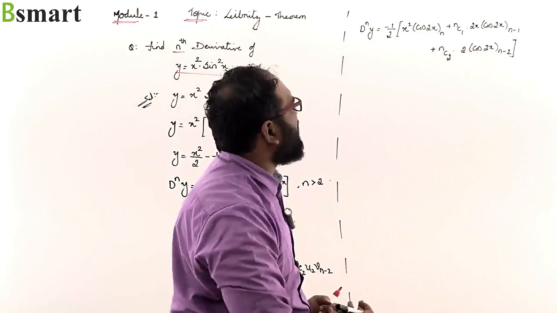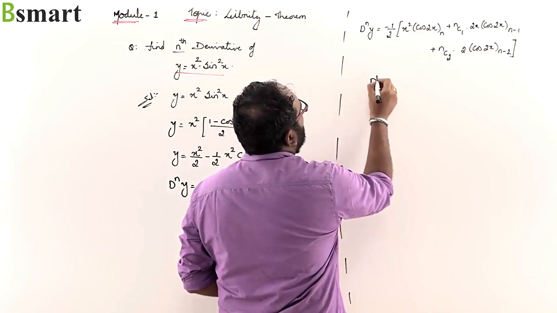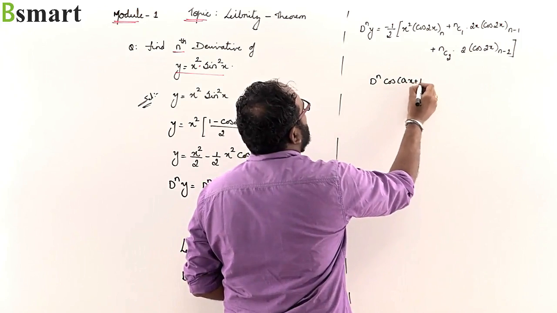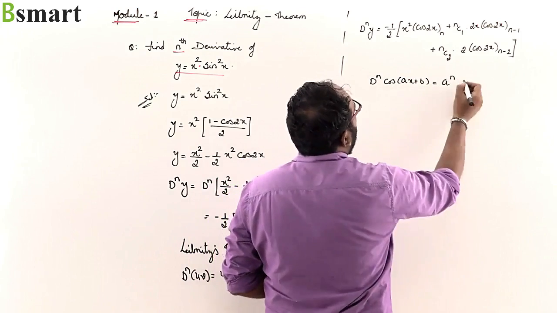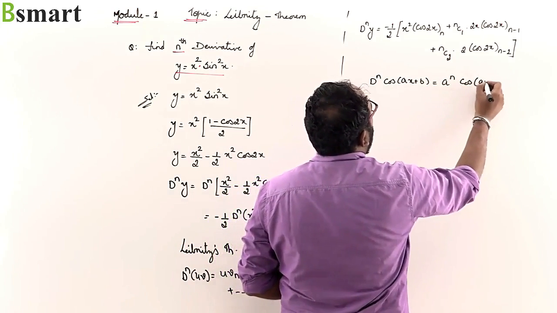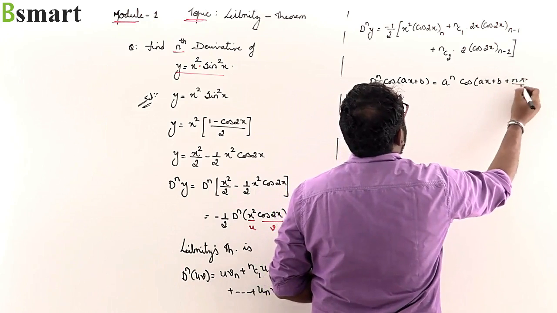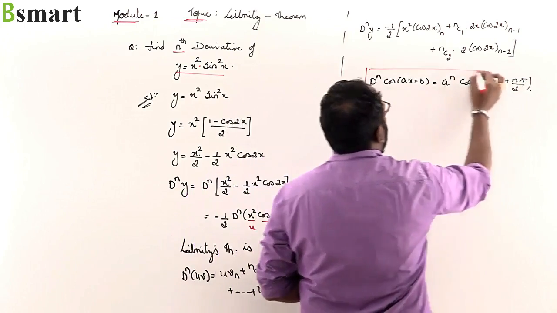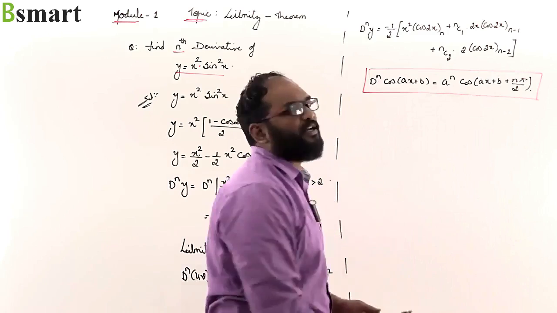Now we know that the nth derivative of cos(ax + b) is aⁿ cos(ax + b + nπ/2), which we have learnt in successive differentiation.